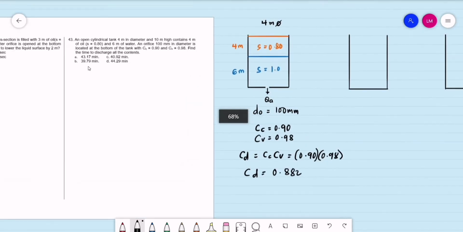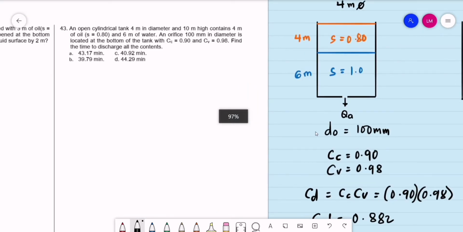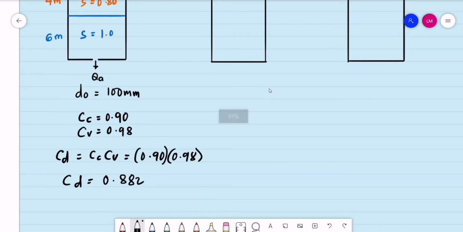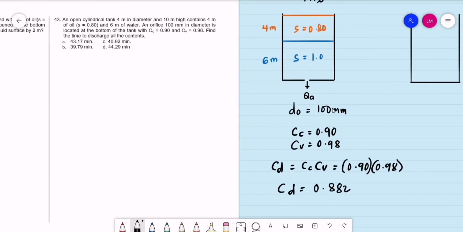Hinahanap natin dito yung total time to discharge all the contents. Kung i-recall natin yung ginamit natin na formula from the previous example, that is time equal to negative twice the area of the tank divided by coefficient of discharge times area of the orifice, the square root of 2g, multiplied by the square root of the final head minus the square root of the initial head.